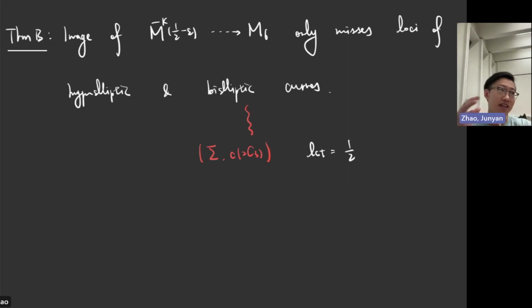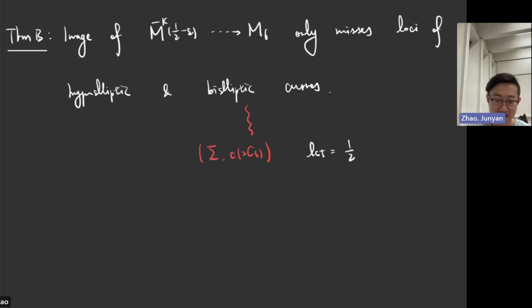So by interpolation, we know that this pair will always be K-polystable when you vary c from 0 to 1/2. This pair will be destabilized when c is equal to 1/2. But in that case, it's in the moduli of log Calabi-Yau pairs.